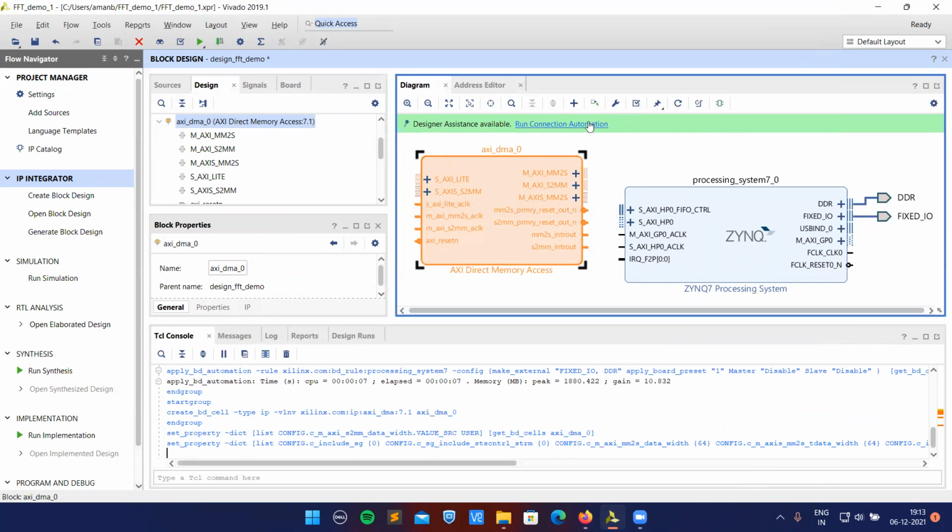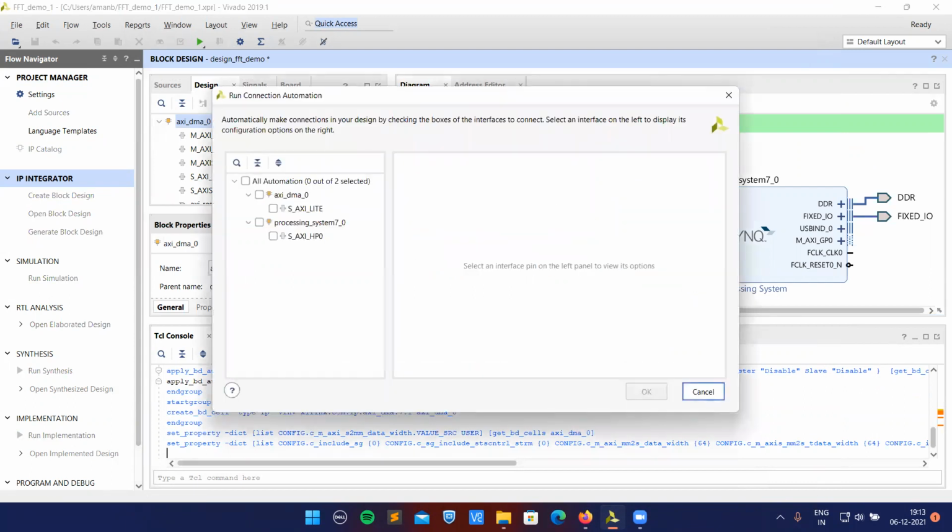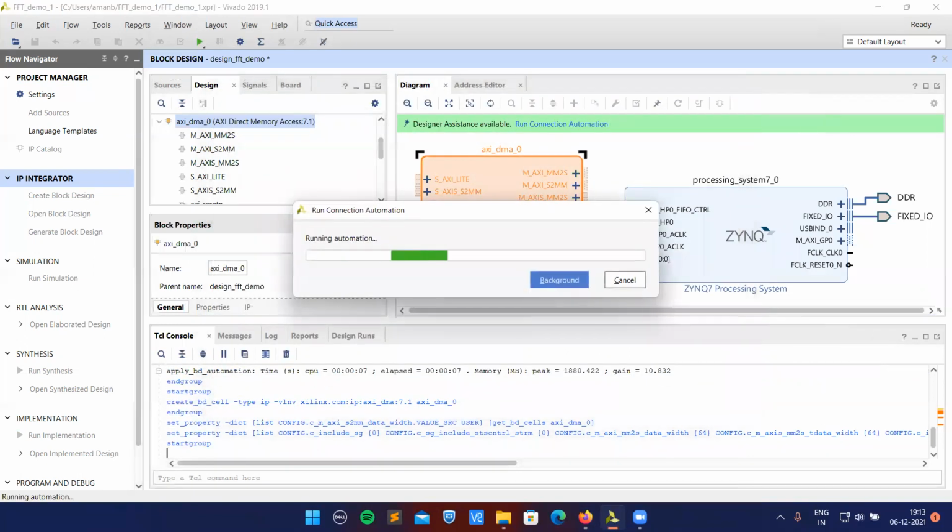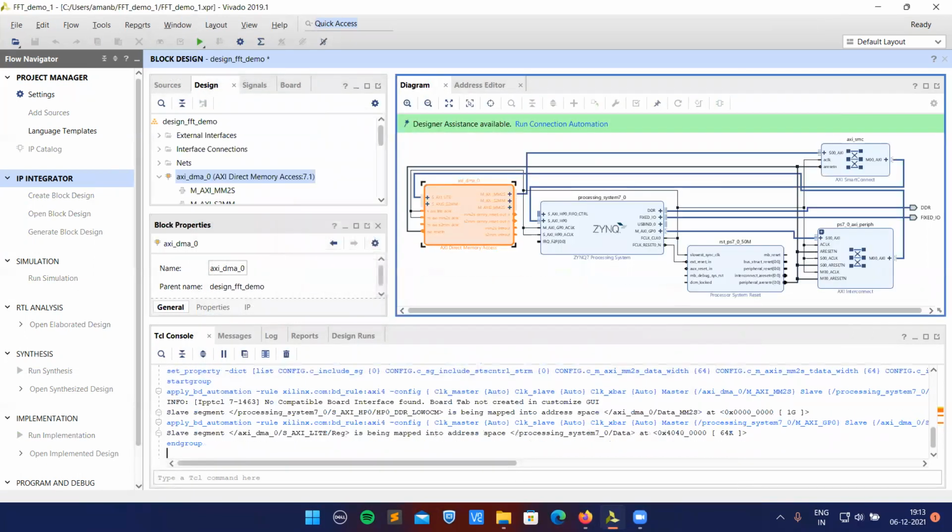Now we are going to run the connection automation. Pick them all. This will add a processor system reset IP, which will provide a reset signal for all the IP blocks in the design.